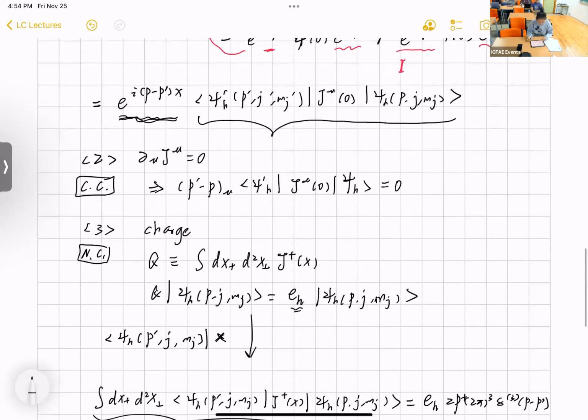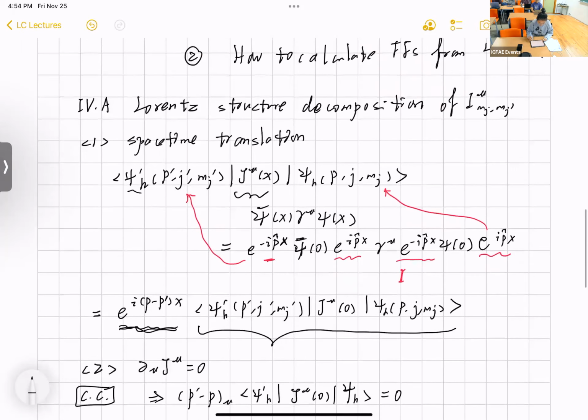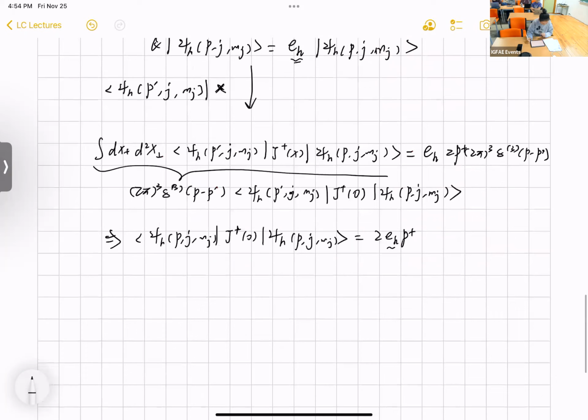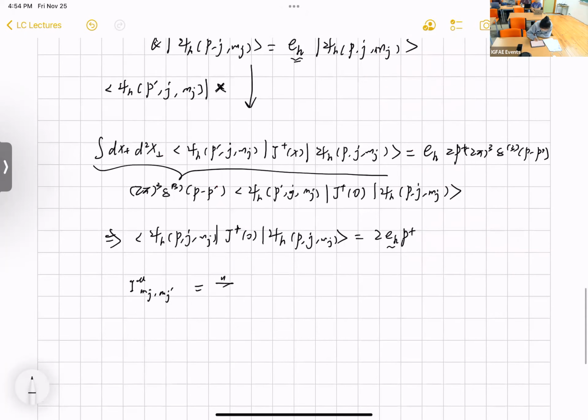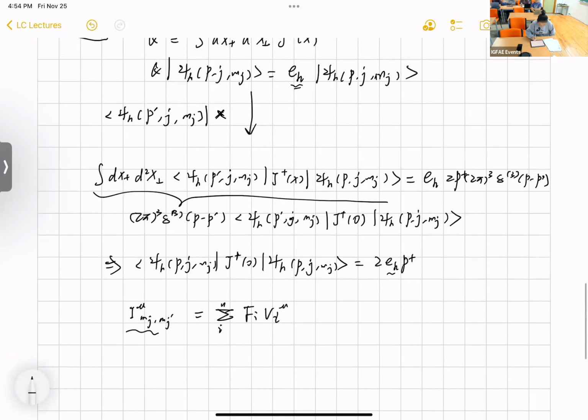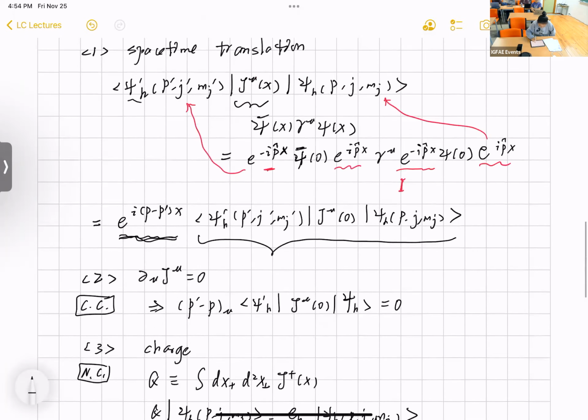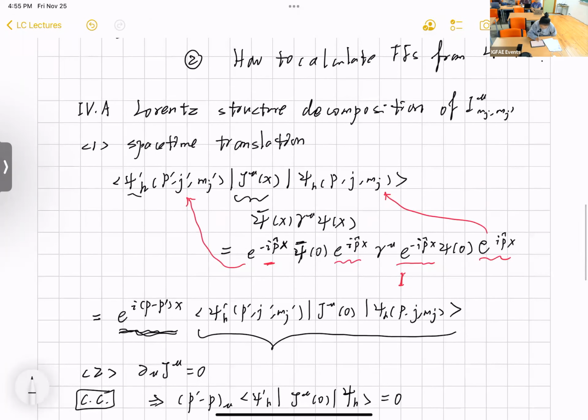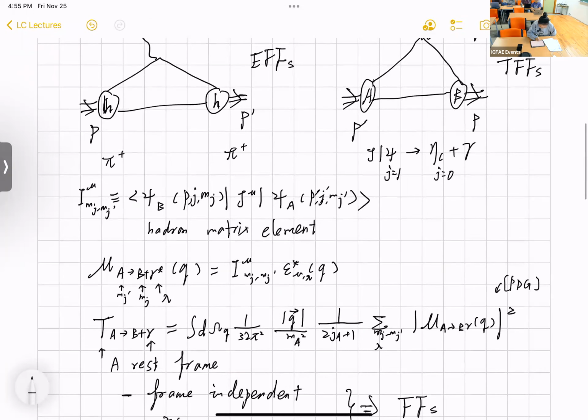Okay, so now we will see some properties and constraints on the hadron matrix element. And what is the form factor? The form factor is just a decomposition of this hadron matrix element into Lorentz vectors. I did not write it out, but we've been writing it all the time, so we've defined it here.